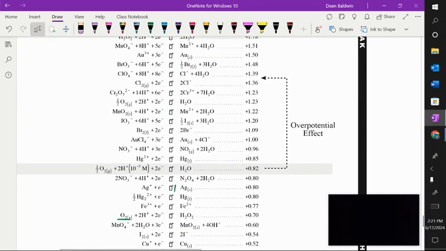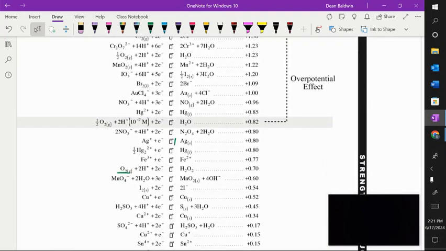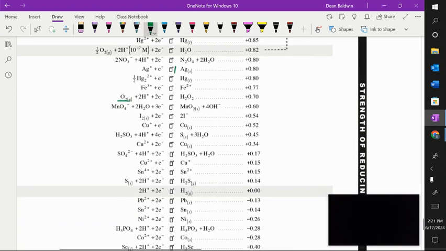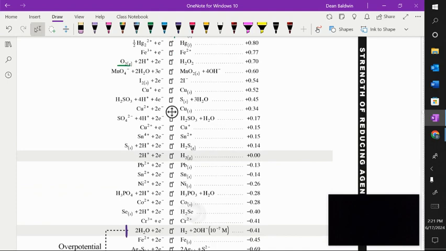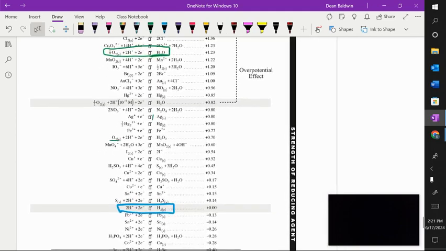Up here. There. Right there it is. There's our acidified water, and we have protons.